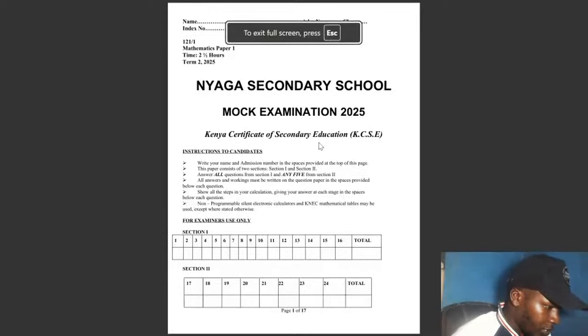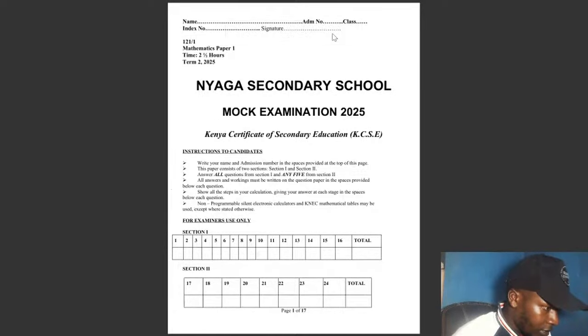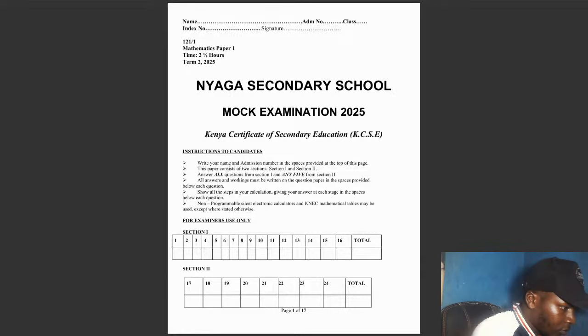Now we'll be looking at section 1 today, and under it we shall look at question 1 to 16. Now we shall start with question 1.